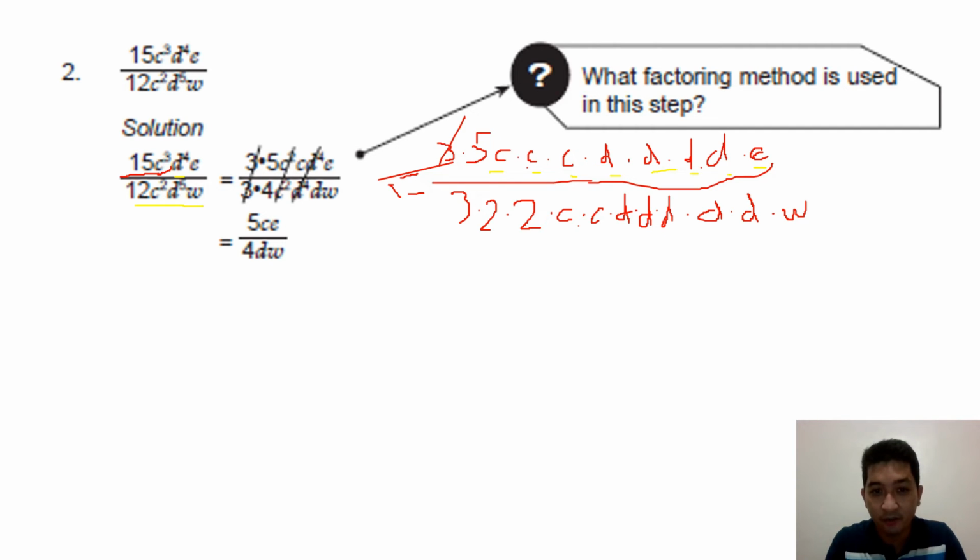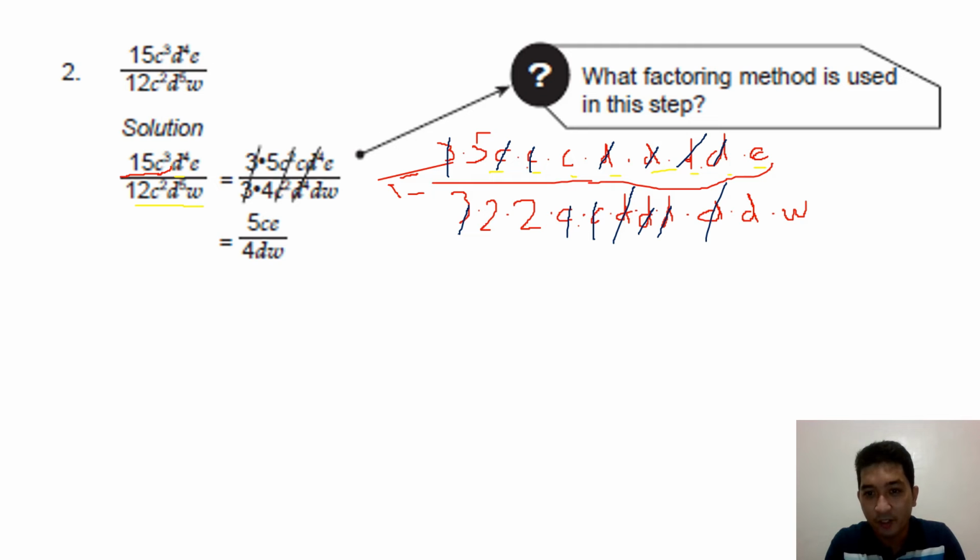So, let's cancel. We have 3 and 3. 5, is there any? None. C, how many c's? 1, and then another c. And then d, how many d's do you have? 3, and then 4.